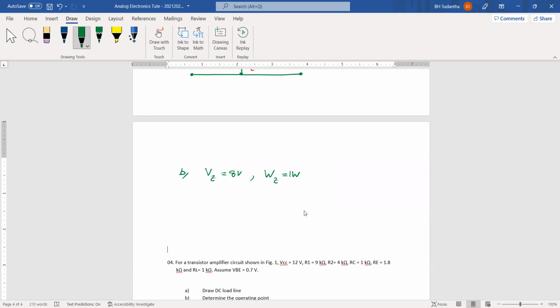Then from this we can find the maximum Zener current. Then 1 watt divided by 8 volts. Okay. Then this is 125 milliamperes.